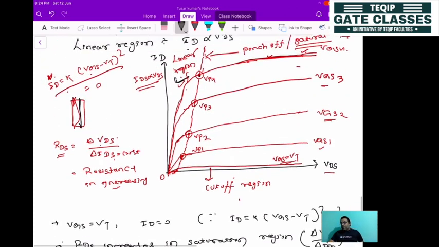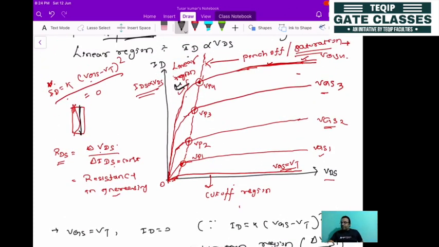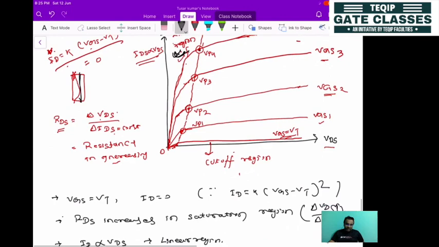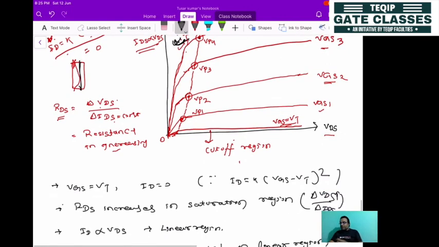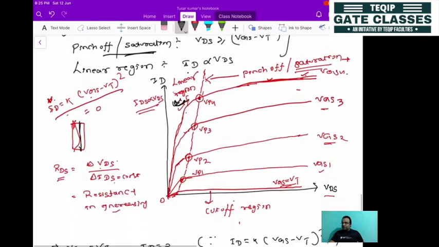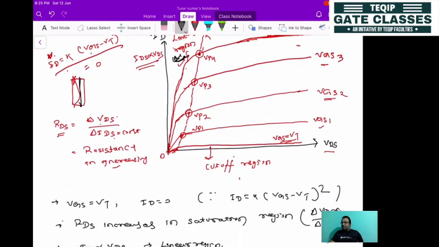So in the characteristics, it will be operating in this particular linear region. So this is all about the VI characteristics of the MOSFET, and different kinds of MOSFETs we have also discussed. Next we'll continue with the gate drive circuits in the next lecture.